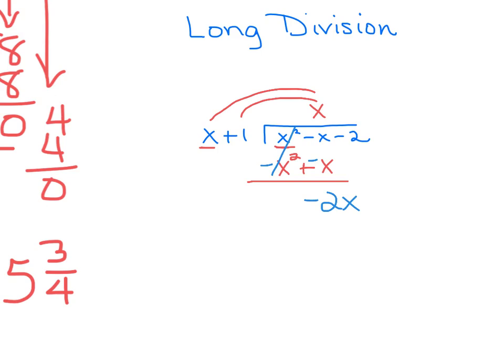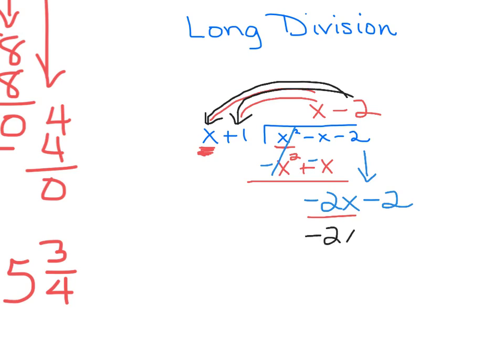I now bring down the next term. I now have to figure out what I am going to multiply x by again to make it become negative 2x. And that's going to be negative 2. And now I distribute negative 2 to the x, negative 2 to the 1.